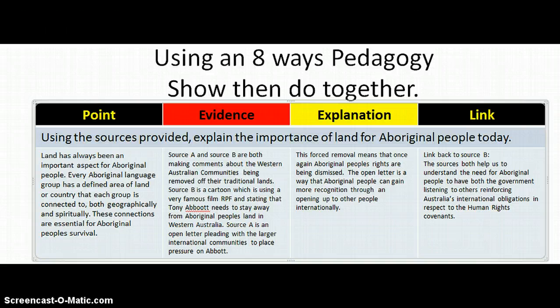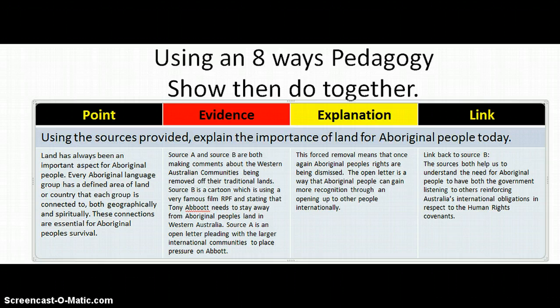And the last important thing that we have to do in our Peel method, so we've already made our point, provided some evidence, provided an explanation, is to provide the big link back to our original point.